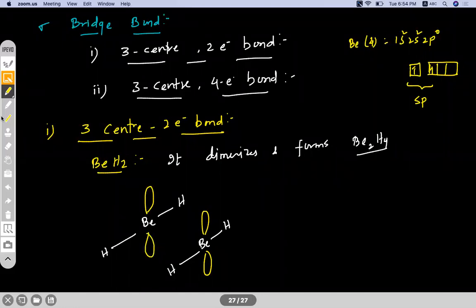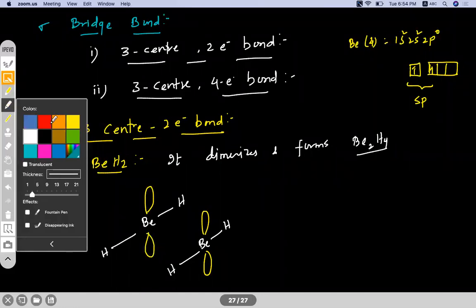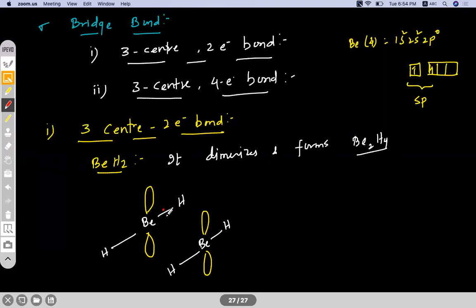Here, the electron pair present in this bond and the electron pair present in this bond are attracted towards this beryllium, go into this vacant orbital, and the other is attracted towards the other beryllium. And that is how the dimerization takes place.